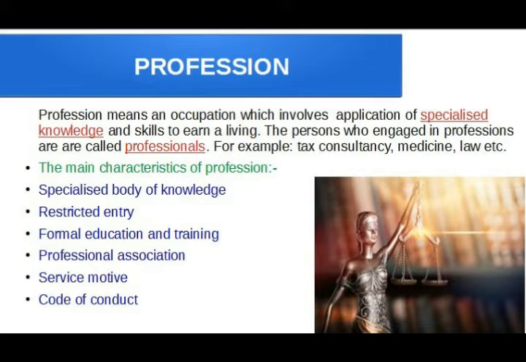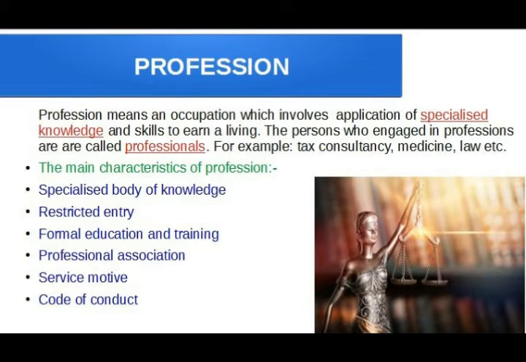Now, let us come to the main characteristics of profession. First, specialized body of knowledge. If you want to be a professional, you should have a specialized body of knowledge. Next one, restricted entry.